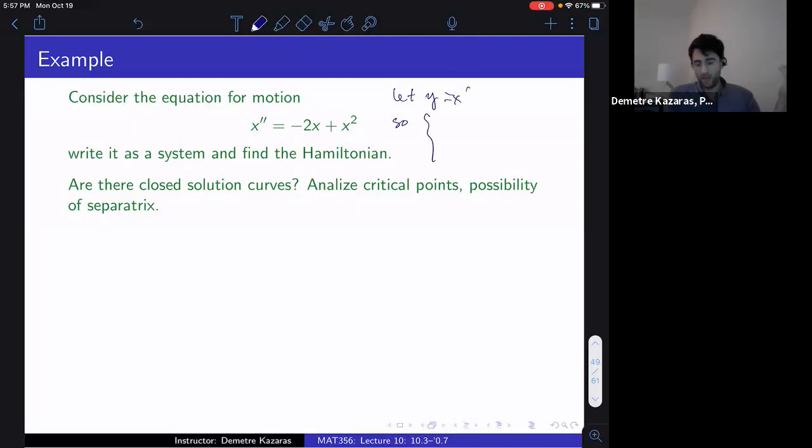So we get the system: x prime is y, and y prime is minus 2x plus x squared.